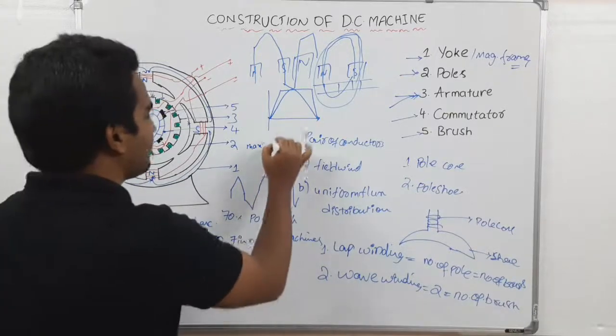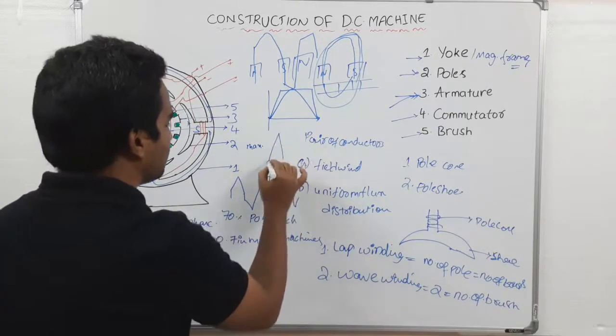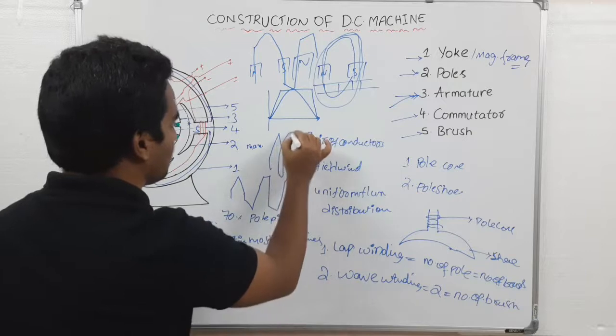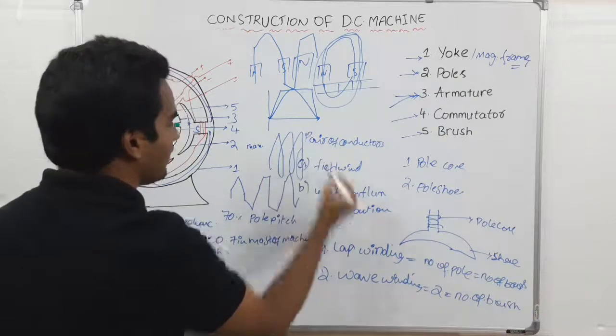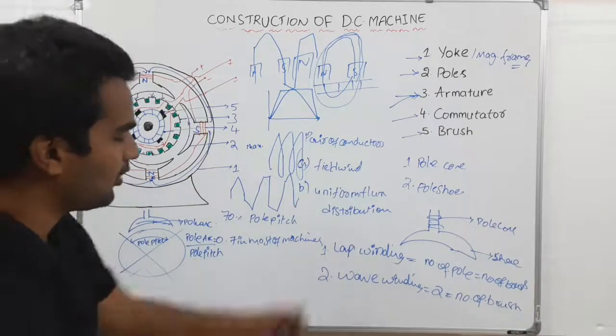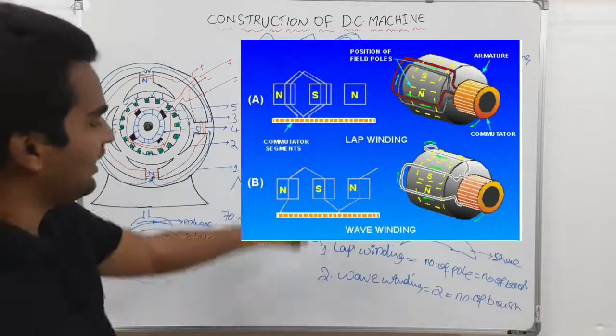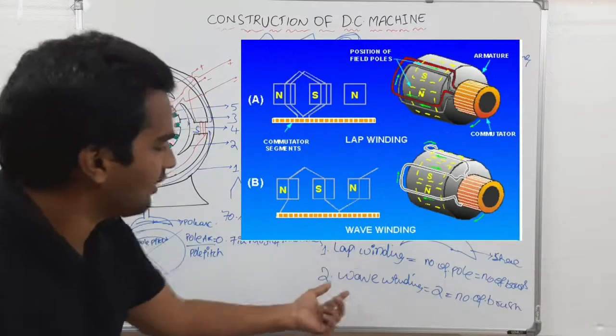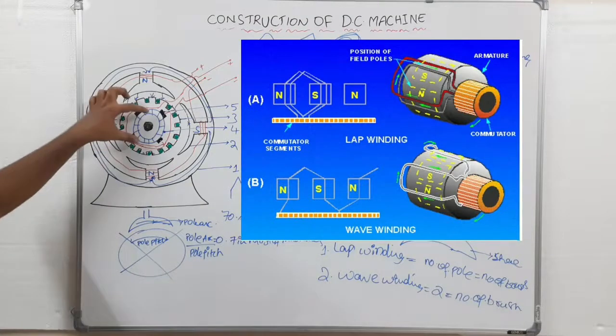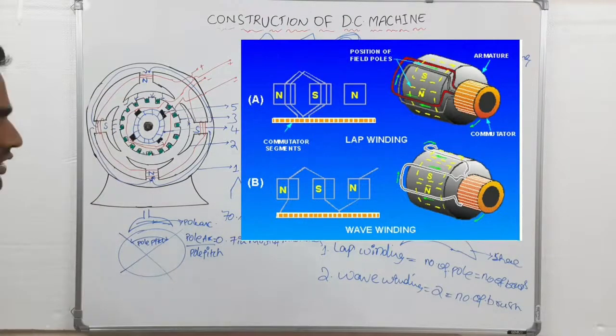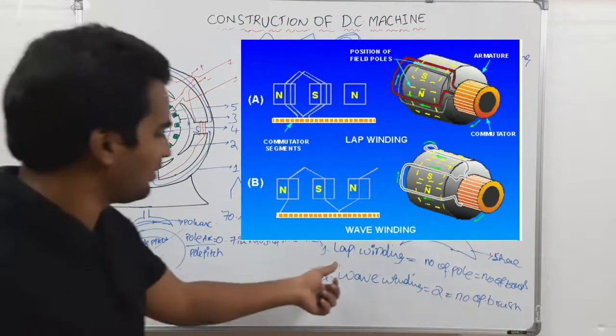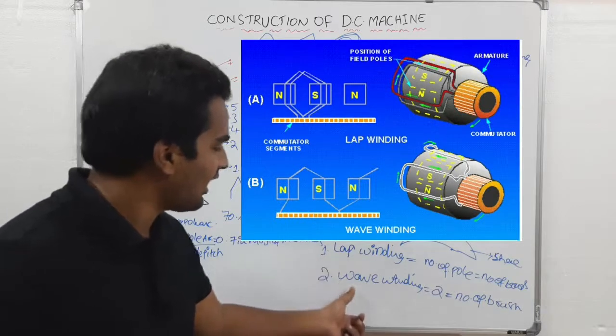If the winding is like this, it is called lap winding. The end connections of lap winding and wave winding are different at the commutator segments, and based on that, they are called lap winding and wave winding.